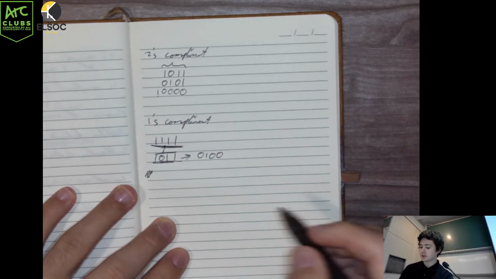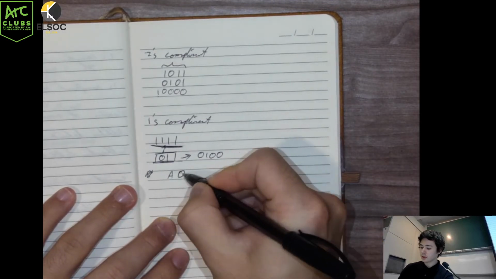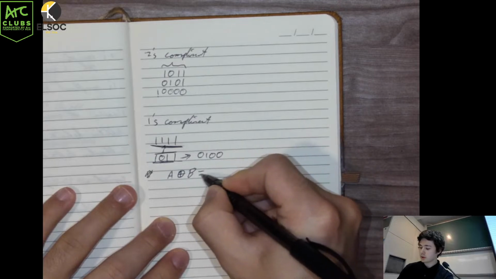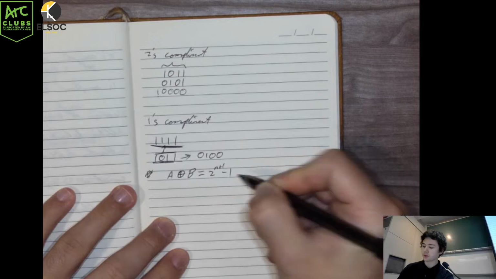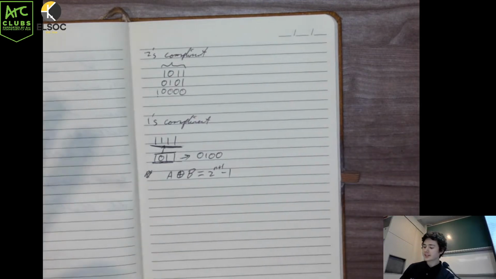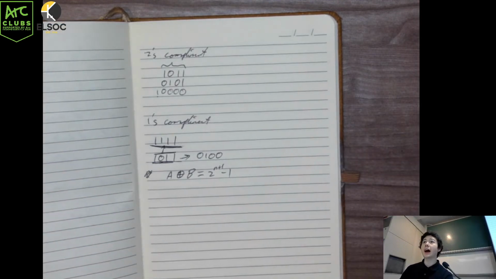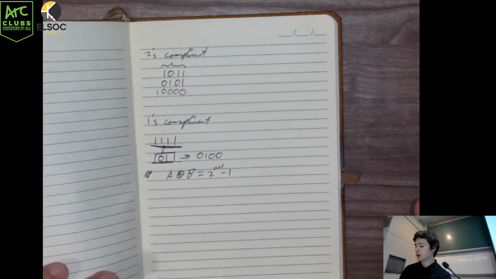The way that we see this is A XOR B is equal to 2 to the power of n plus 1 minus 1. This is just a little bit of logic behind how we come up with and how we use our one's and two's complements.